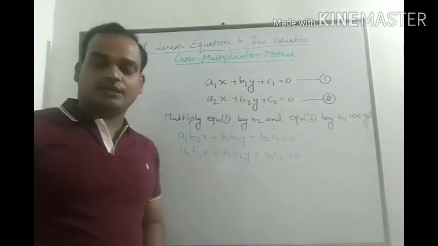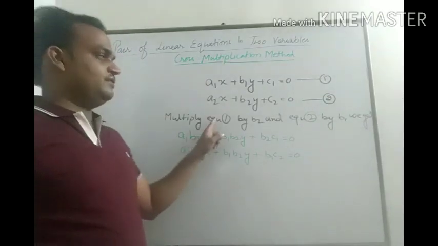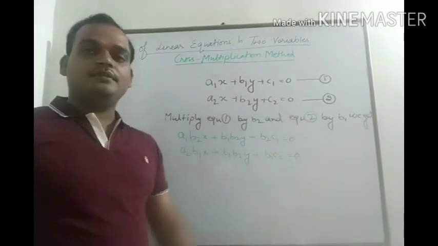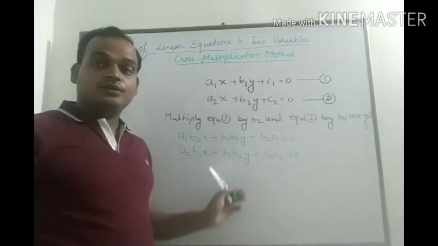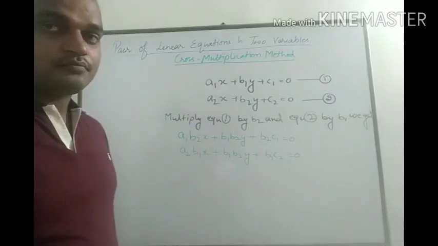These are the two equations which we get after multiplying equation 1 by b2 and equation 2 by b1. Why are we doing so? We have to eliminate y by the elimination method.